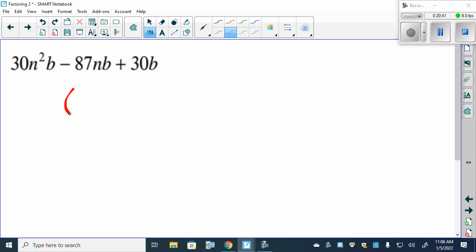Now, when we look at this one here, there is a greatest common factor that we do need to pull out. What is in common with all three terms? B. Anything else? Because we do have the 30s on the end, yes?